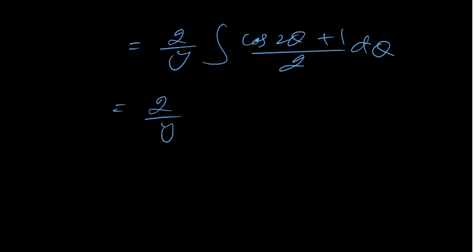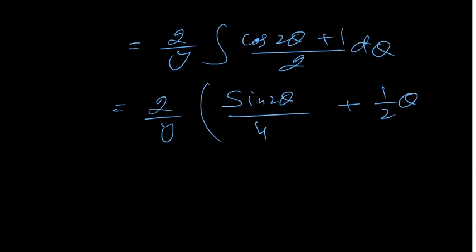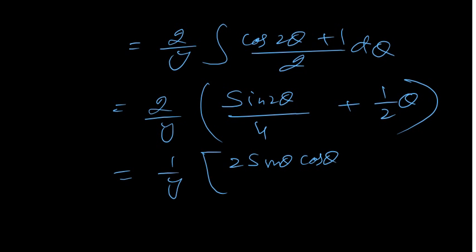Integration of cos 2 theta is sine 2 theta divided by 2, plus theta. So this 2 will cancel, it's 1 over y times sine 2 theta, that's again 2 sine theta cos theta divided by 2, plus 1 half of theta.